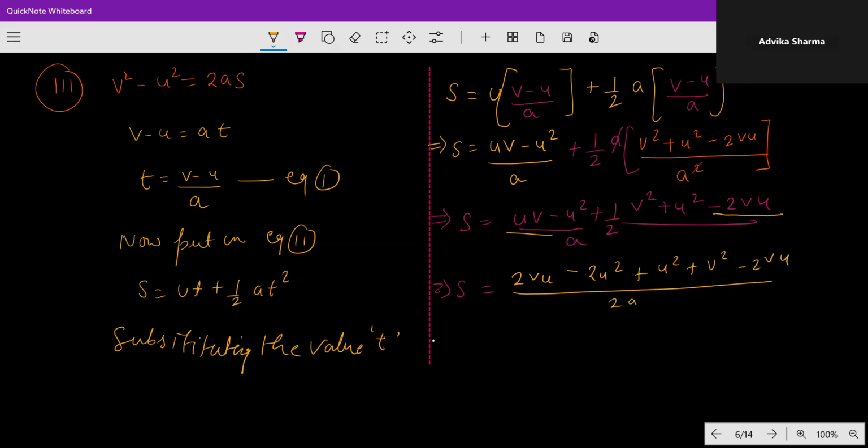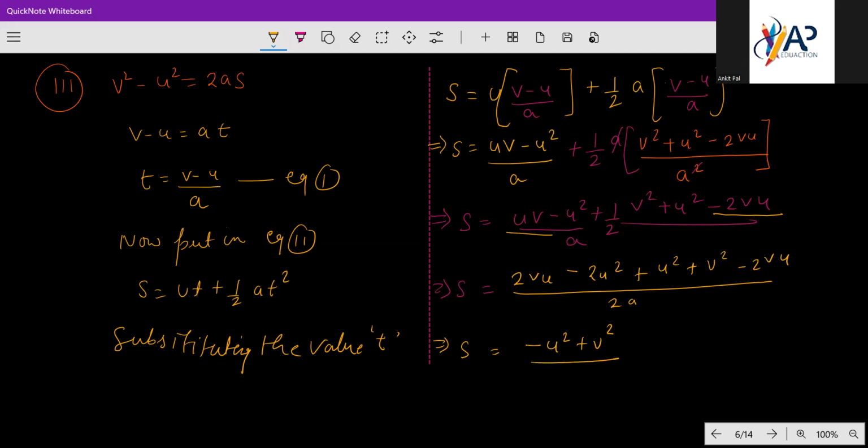Now s is equals to minus u square plus v square upon 2a. The plus value and negative value cancel already. Minus 2u square plus u square becomes minus u square.